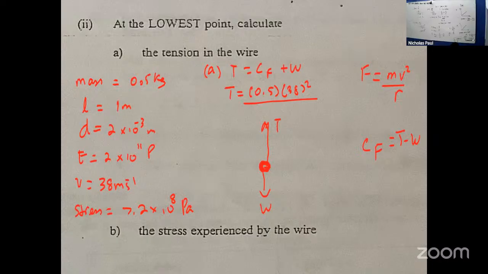Remember the length of the string is a meter, so the entire radius is 1. This radius here, the diameter, is for the wire. This R here is the radius of the whole circle. So it's 0.5 by 38 squared over 1, plus the weight, 0.5 by 9.8.